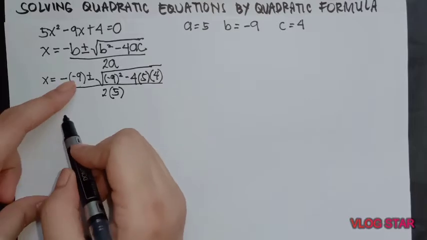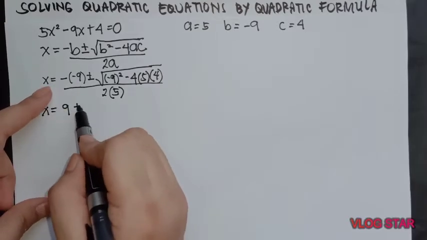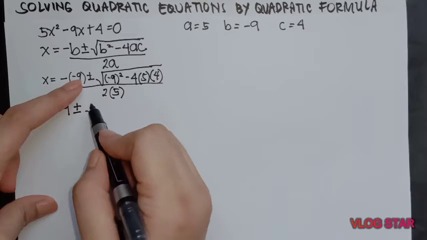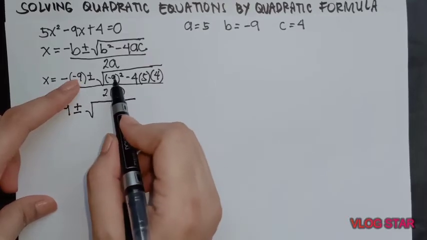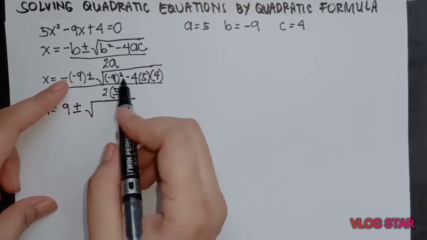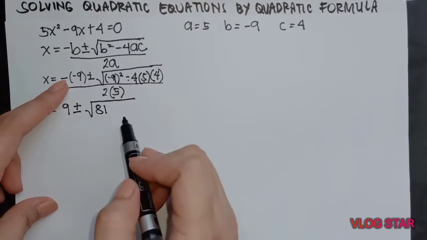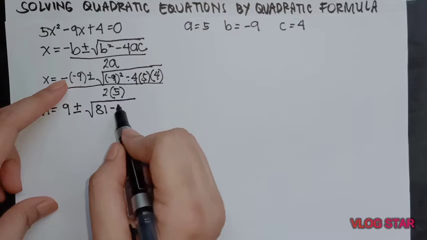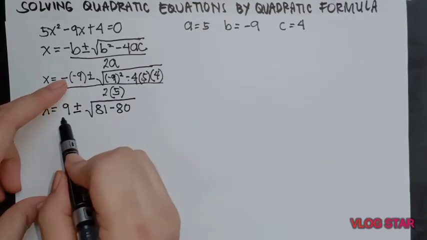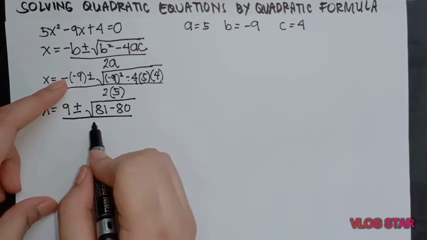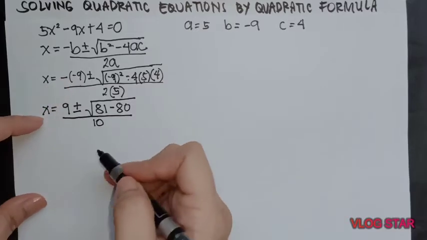So x equals negative times negative 9, that's 9, plus minus the square root of negative 9 squared, which is 81. Negative 4 times 5 is negative 20, times 4, it's negative 80. All over 2 times 5, which is 10.